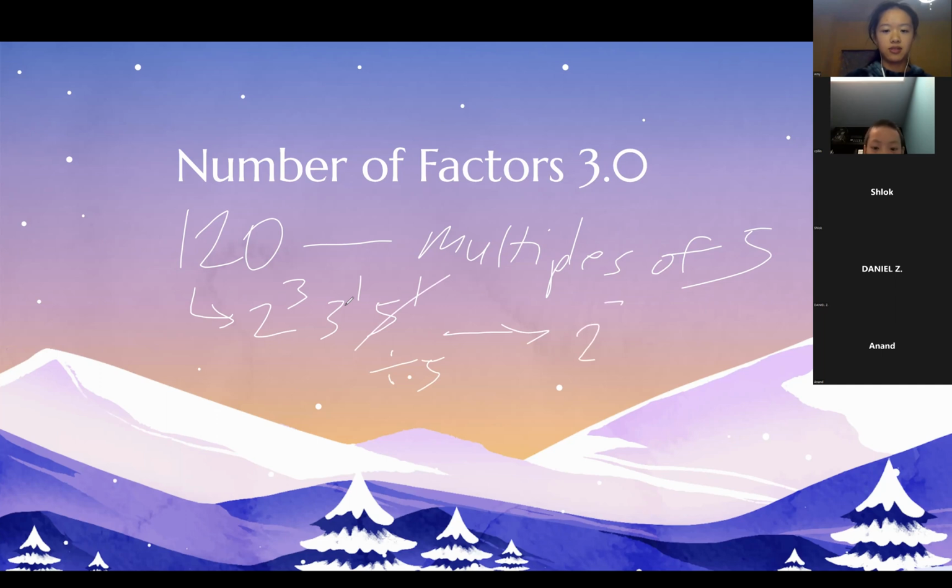So it ends up becoming 2 to the third times 3 to the first power. Then we do our regular thing where we add 1 to the exponents to get 4, and then times 2. So that gets us 8 factors. And to Sanap's question, yes, this is basically the same question as if I just asked you, how many factors are there in 24?